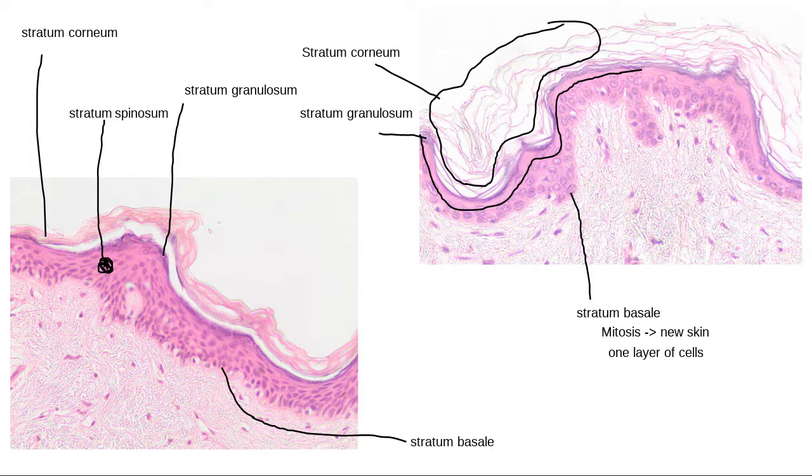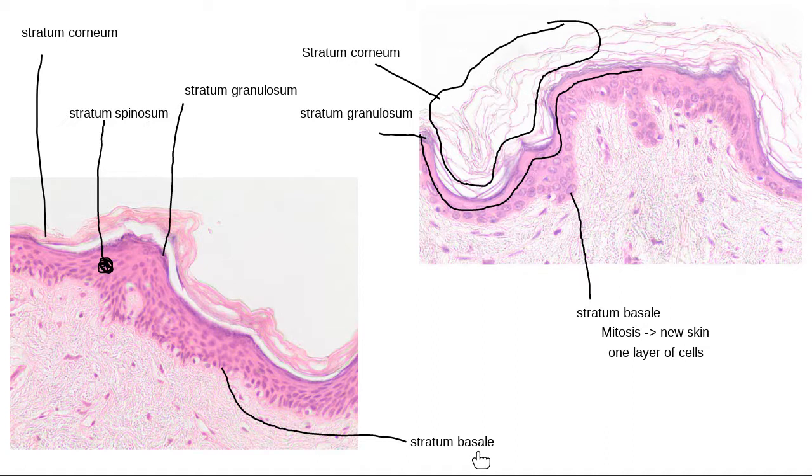Here's the big idea. When you're looking at an image of skin tissue, if you don't see stratum lucidum, that layer of clear cells, we're looking at thin skin. Thin skin still has these 4 layers: stratum corneum, stratum granulosum, stratum spinosum, and stratum basale.